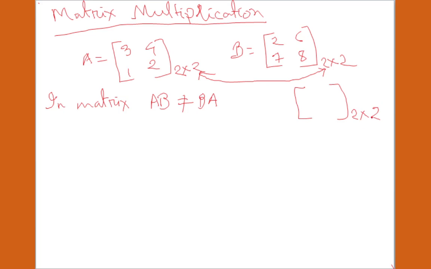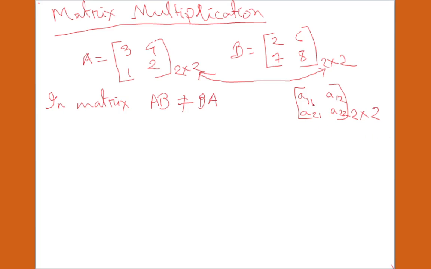So this 2 by 2 means number of rows is equal to 2 and number of columns is equal to 2. Hence it has 4 elements. So first element is A11, second element is A12, the third element is A21, fourth element is A22.